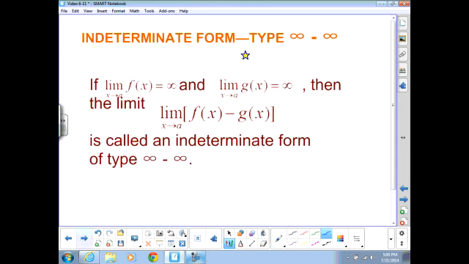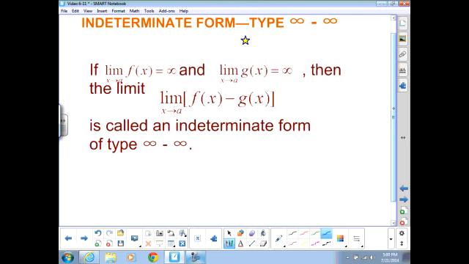Our third type of indeterminate form, and the last type we'll look at in this particular video, the other one we'll save till the next video, is when you have an infinity minus an infinity. So if you have some function f of x minus some function g of x, and those each approach infinity, so you have an infinity minus an infinity.